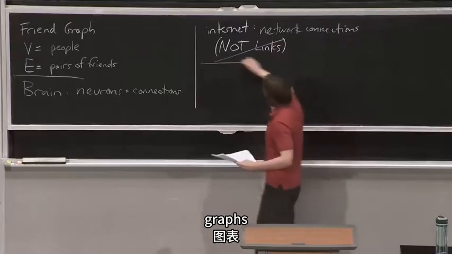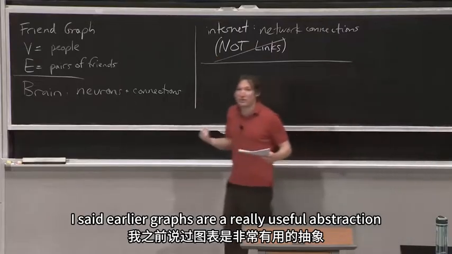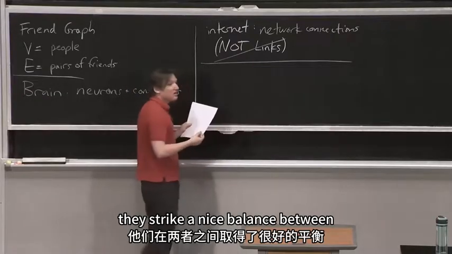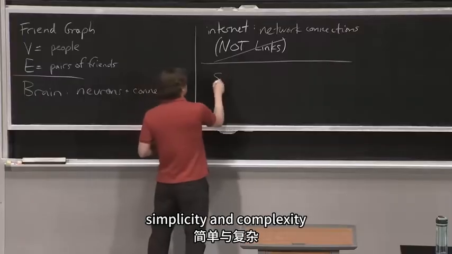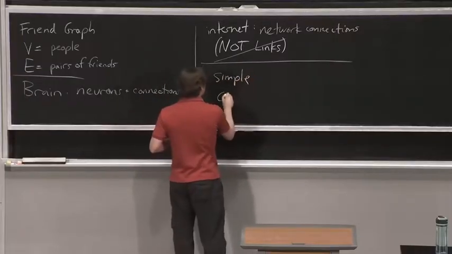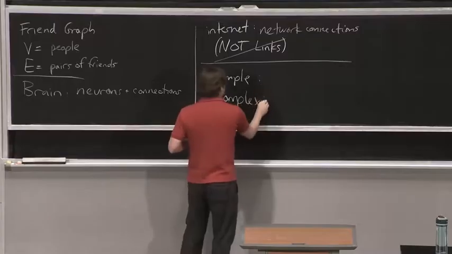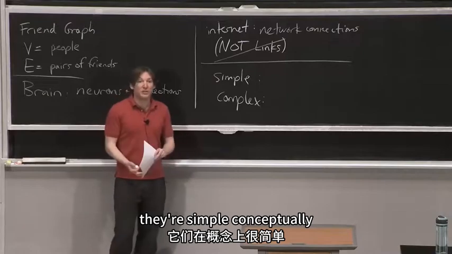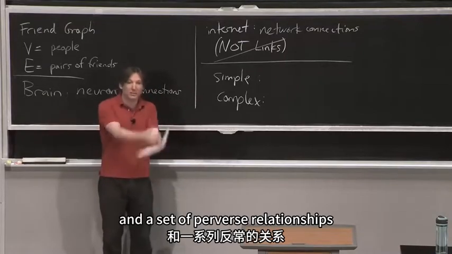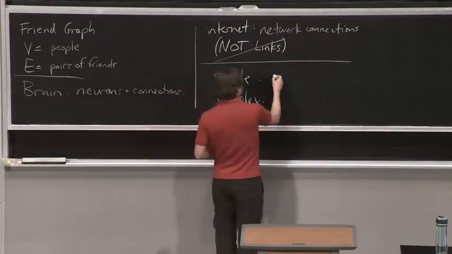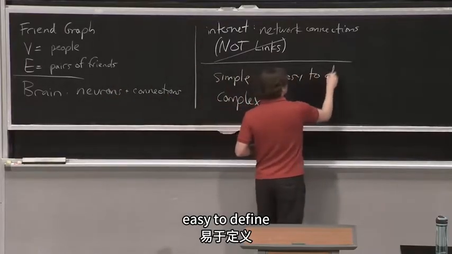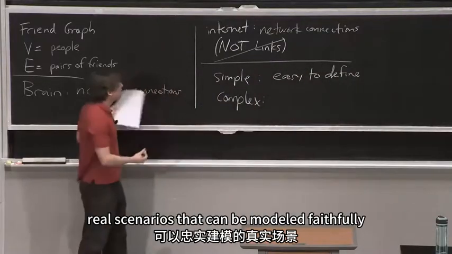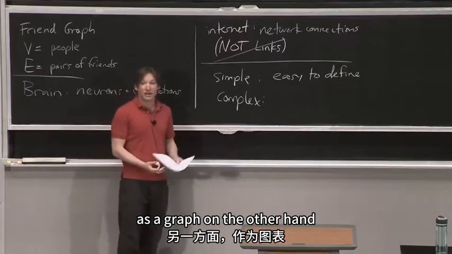And graphs, I said earlier, are a really useful abstraction. And I claim that they're useful because they strike a nice balance between simplicity and complexity. On one hand, graphs are simple to define and describe. They're simple conceptually. It's just a set of objects and a set of pairwise relationships. So as we just saw, there are lots and lots of real scenarios that can be modeled faithfully as a graph.